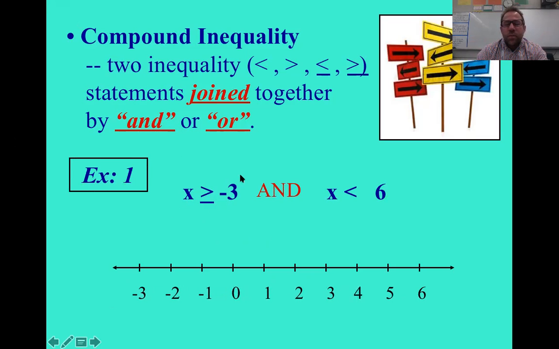If I'm graphing this, remember I said treat the symbol like it's a direction arrow, as long as your variable is over here on the left side, which it is. So we want all values greater than or equal to -3. We have an equal sign, so we want the solid circle, shaded. And then our street sign tells us to go to the right. So I want to draw that to the right.